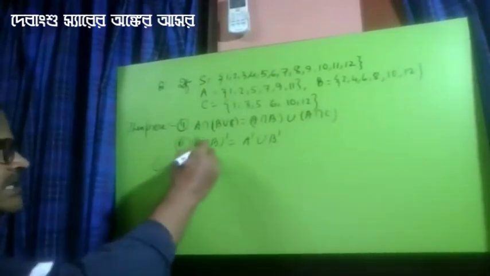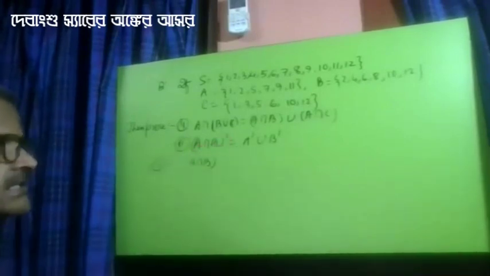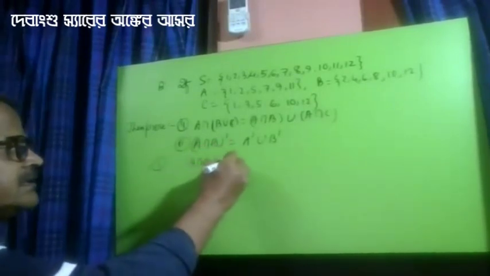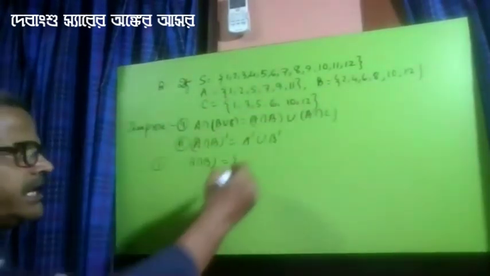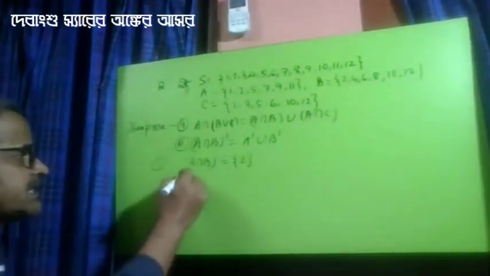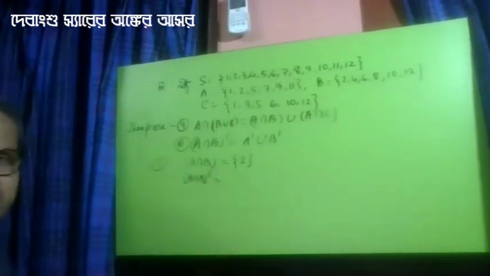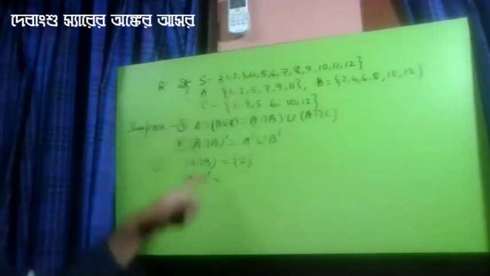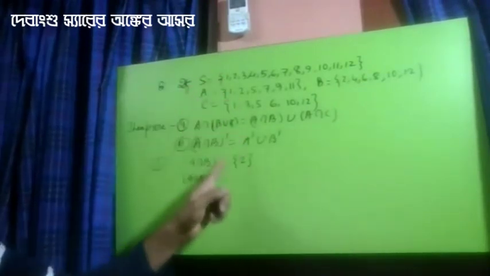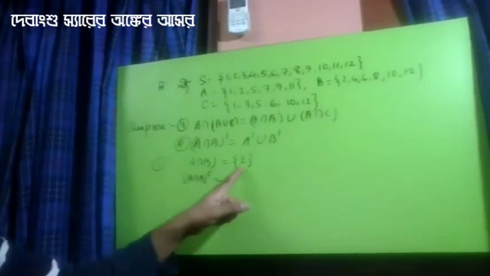Now we come to the second sum. First I have to construct A intersection B. Now I just constructed A intersection B. A and B have only one element in common, that is 2. Next I have to take A intersection B complement, that is all elements of S which are not in A intersection B. Only one element is there.